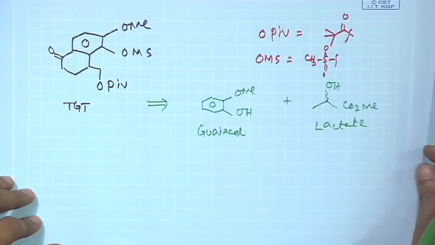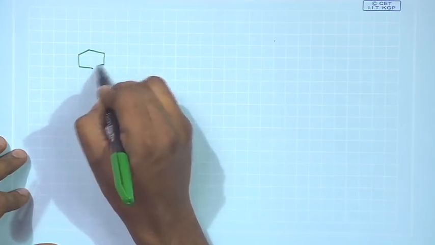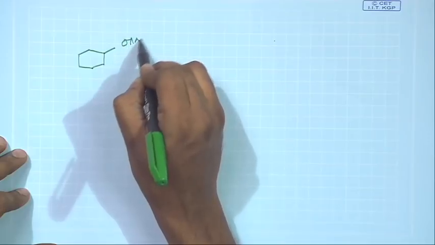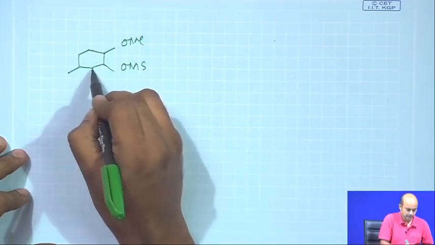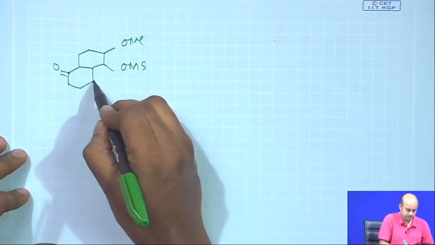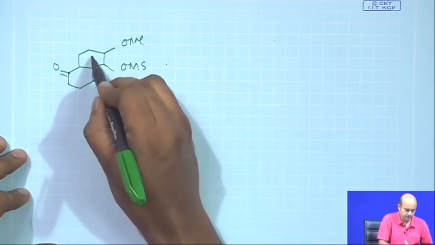Now, if you try to do the retro, I will try to do it, and eventually you will find that the retrosynthesis is pretty interesting, but let us draw it. OMe, OMs, OPivaloyl is the target molecule.